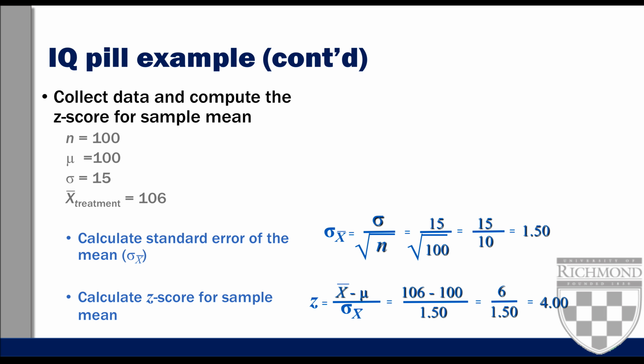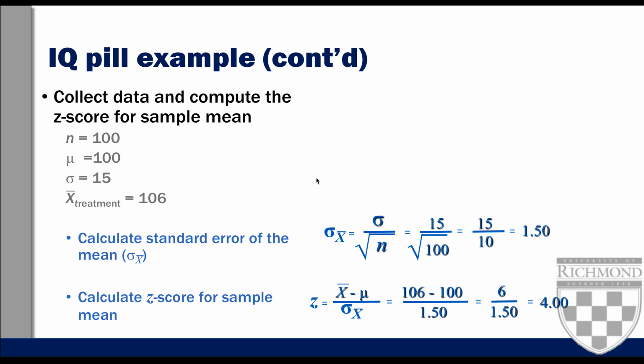Does that make sense? Okay, 98.5 is 1.5 IQ points below mu of 100. 101.5 is 1.5 points above the mu of 100. We know, as a property of the normal curve, that 68% of observed scores, in this case means, will fall plus or minus 1 standard error from the mean.